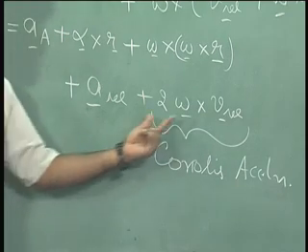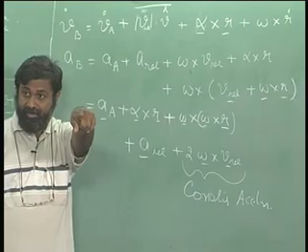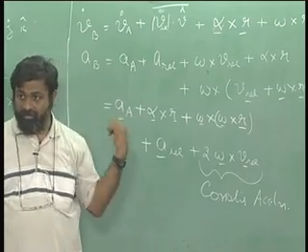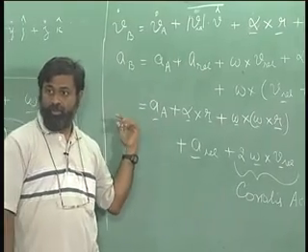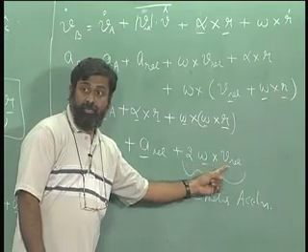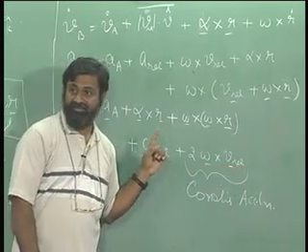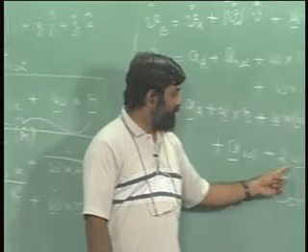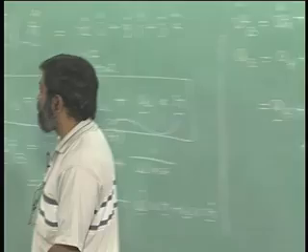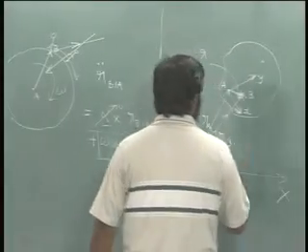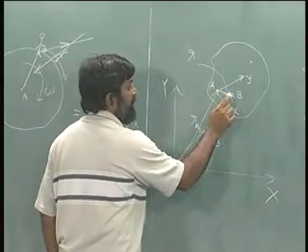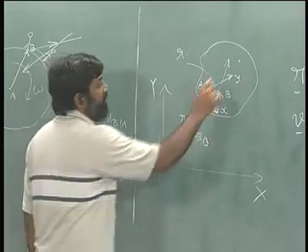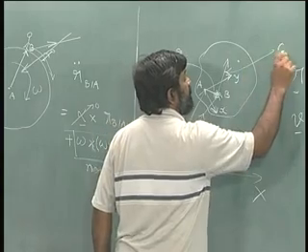It is perpendicular to the direction of omega, which is nothing but perpendicular to the board, and it is also perpendicular to V relative. Understood? So, if I take a perpendicular direction with respect to those two, this is the direction in which I will expect Coriolis acceleration to occur.